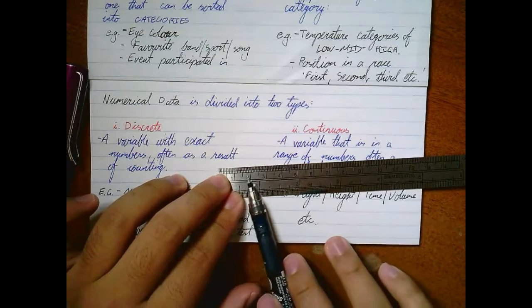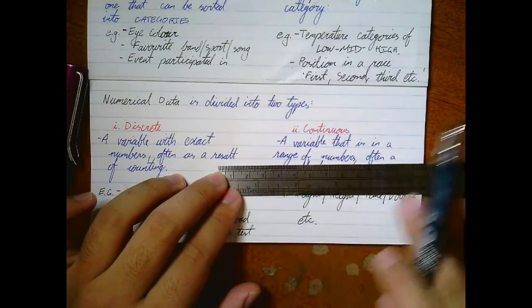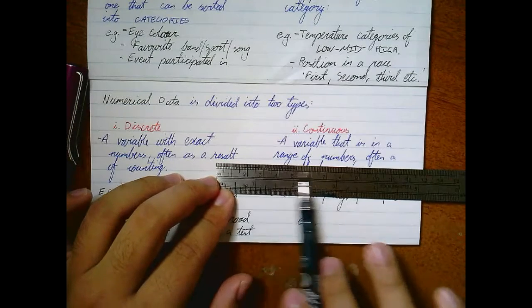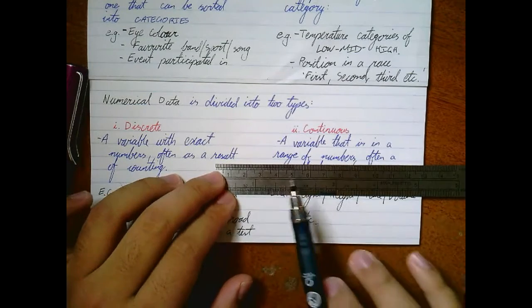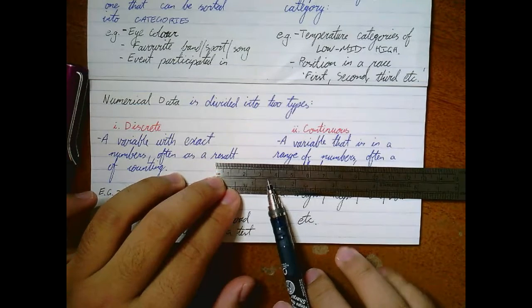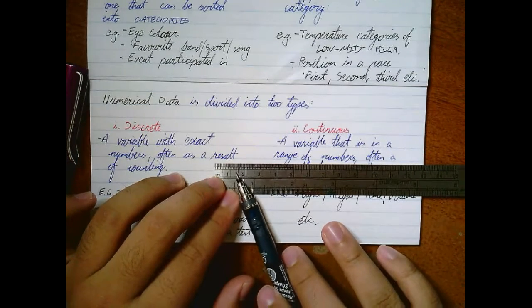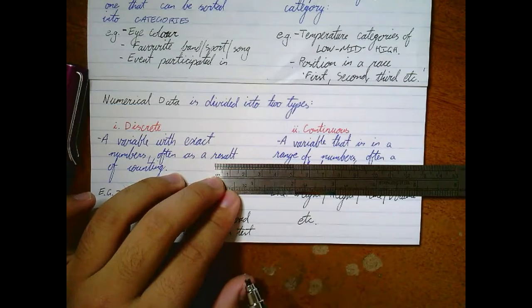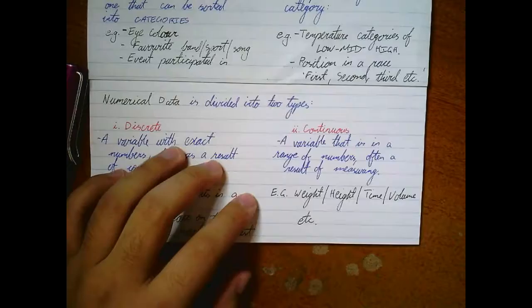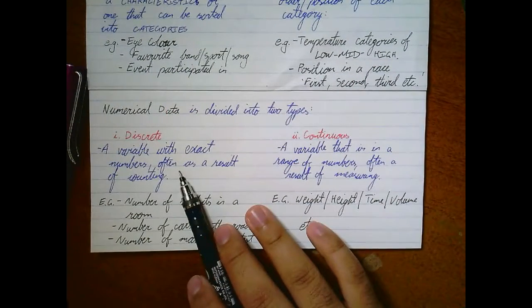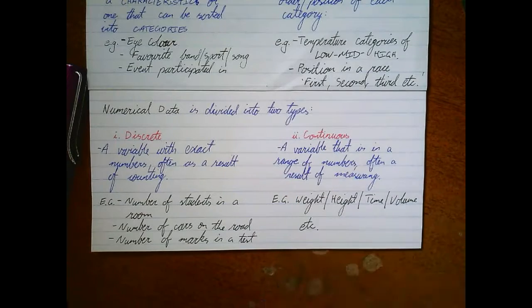I could get 2.9. As you can see, there's no distinction in between each of these. In actual fact, I could get a more detailed ruler and make it, I don't know, 1.22 centimeters. So as you can see, it's a range of numbers, whereas with these, there have to be distinct individual numbers.